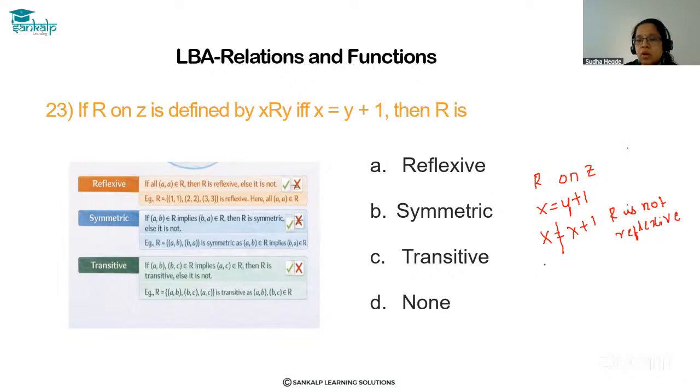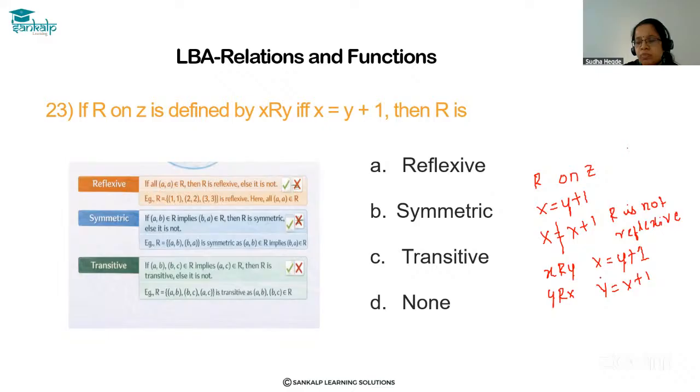Correct? Now, check the symmetric condition. Suppose x R y. That implies x is equal to y plus 1. Then is it possible to have y R x? x is 1 more than y. y R x means y is 1 more than x.